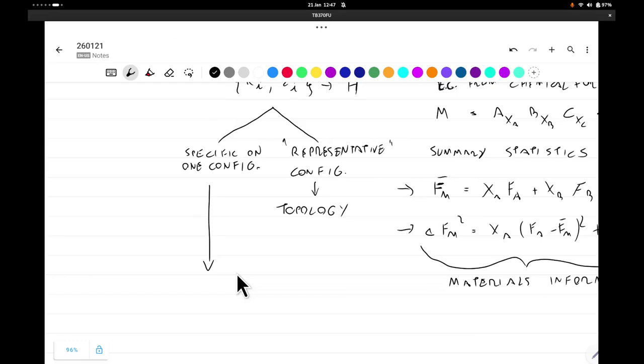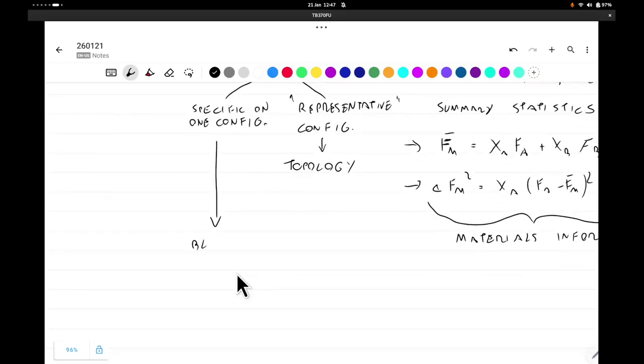Going back now to the first one, it is Behler-Parrinello in 2007, and then the next one is from 2008. So this is the beginning of the era of machine learning for predicting properties of specific configurations.